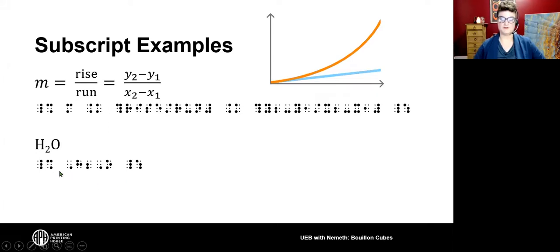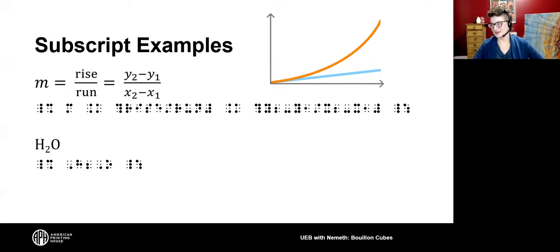The opener is followed by a space, and the terminator is preceded by a space. And what happens inside is cap H sub 2 cap O. How do we know it's a sub 2? Because there's that slick Nemeth Code rule. Anytime a number follows to the right immediately after a letter, we know it's a subscript.